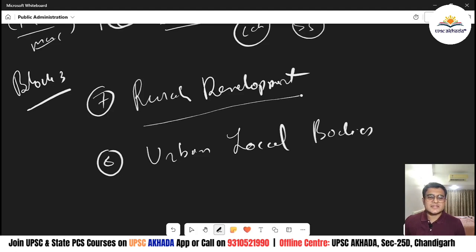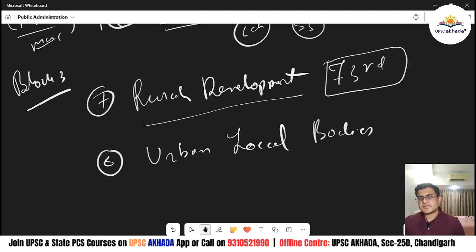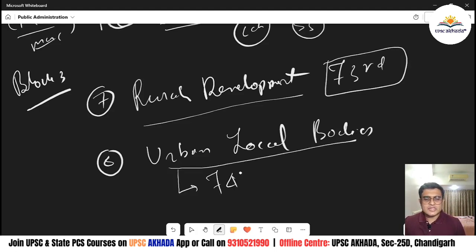So basically this chapter deals with how development has been carried out in rural areas. And also it holistically deals with the 73rd Amendment, all aspects of the 73rd Amendment. Urban local bodies, so obviously it will include all aspects of the 74th Amendment.